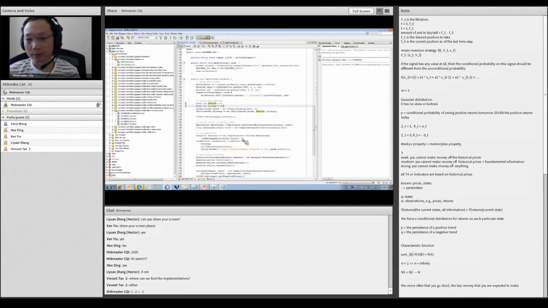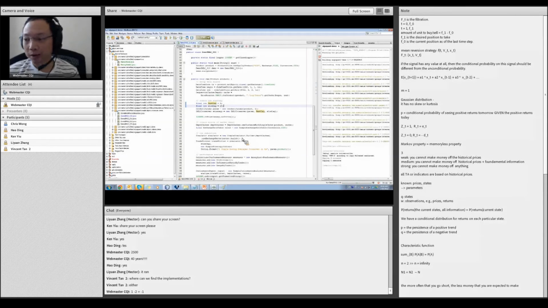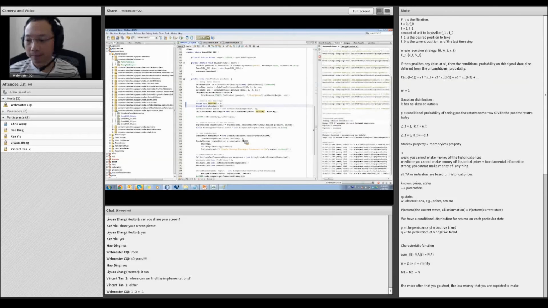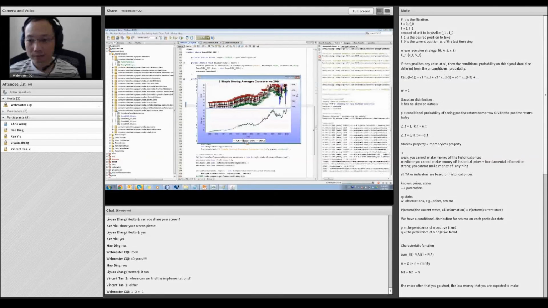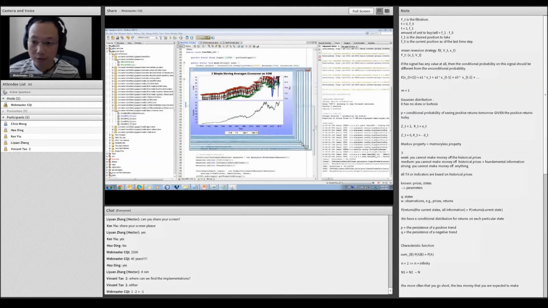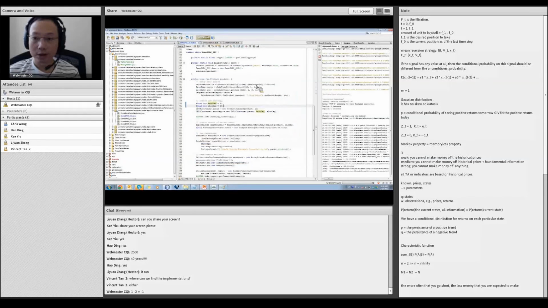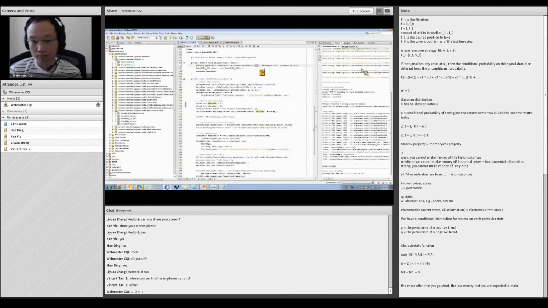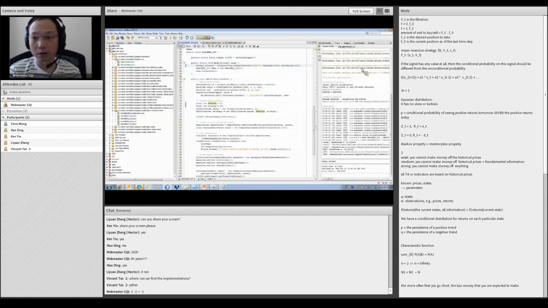So this is just asking the algo quant to download data for Apple from Yahoo, and then you do the simulation using this set of parameters and run it. Oh, so it's not doing anything. It makes some money and goes up, and then it crashes, for Apple.